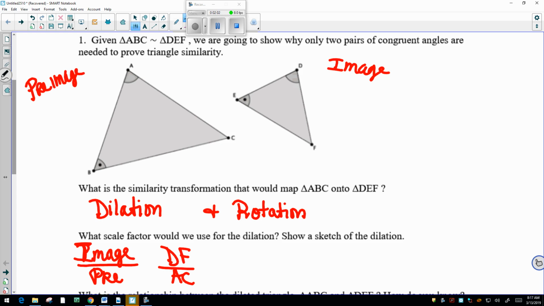Now, it says, let's show a sketch of the dilation. So we'd have to pick a center point. And when we're doing our dilation, again, as long as I state where we're going to do the dilation from, it does not matter. So it could be from B, it could be from A. I'm going to dilate it using the center at A, which means if I were to dilate it, and it has to get smaller, that means the segment BC would move up and closer to the center of dilation.